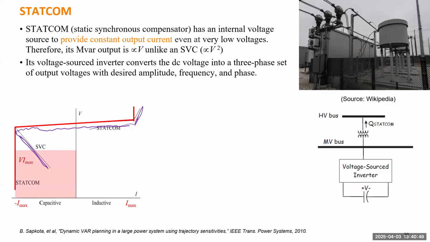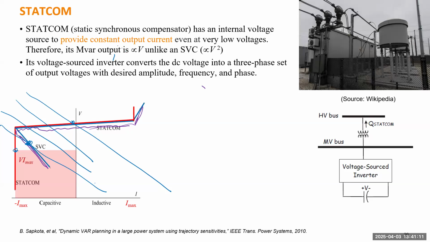So when the operating condition goes down, let me see, this is like the operating condition, right? It intercepts this point. So when it moves down, for the SVC it will operate at this point, but for the STATCOM we will have this one.